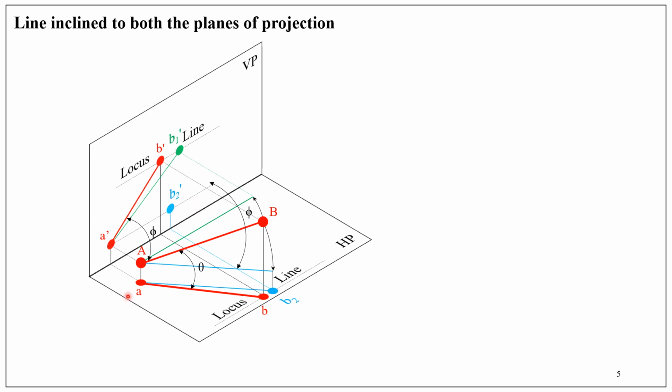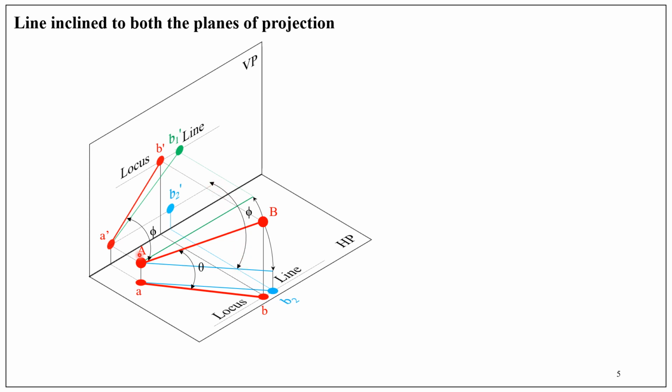So AB2 is the true length of the line when it is parallel to HP and inclined at an angle phi to the vertical plane, and the corresponding front view is A dash B2 dash. From our earlier inference, whatever be the angle theta, the front view remains the same as long as phi is constant.